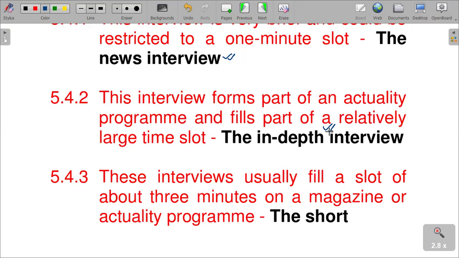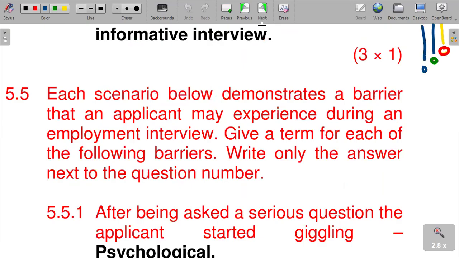And then these interviews usually fill a slot of about 3 minutes in a magazine or actuality program. It is the short informative interview.